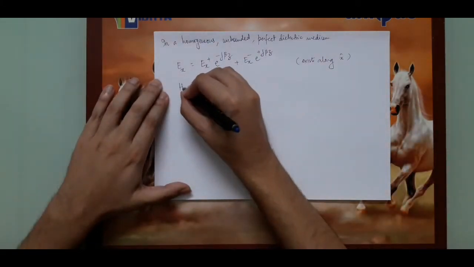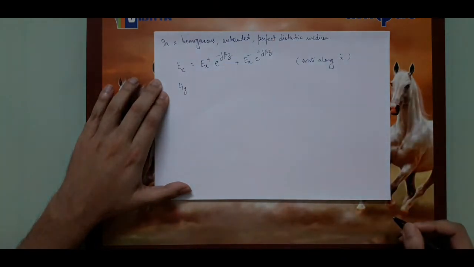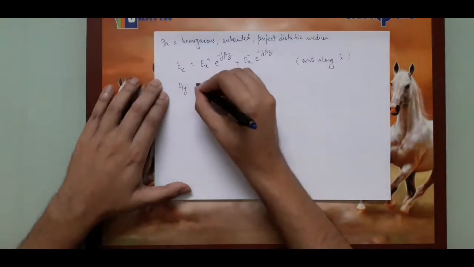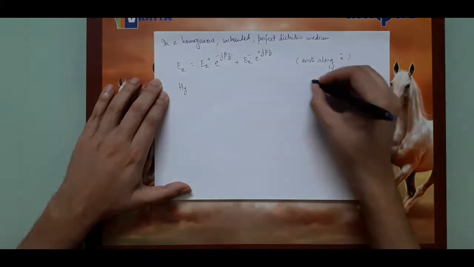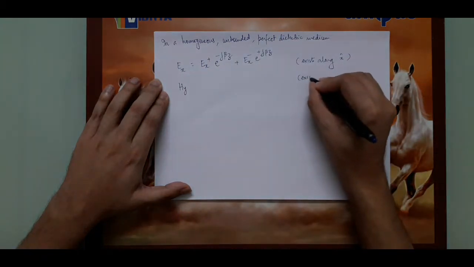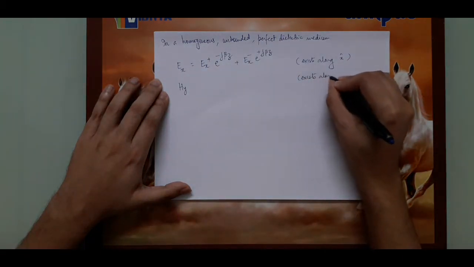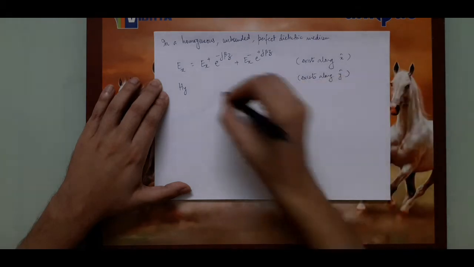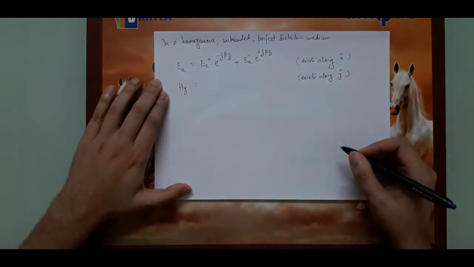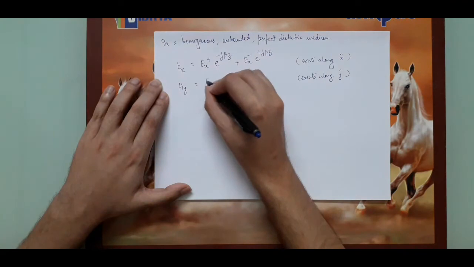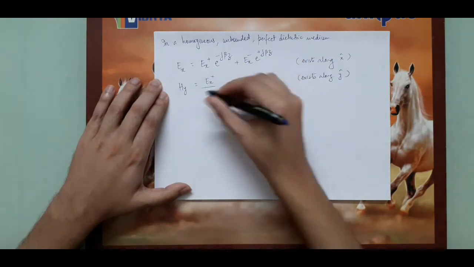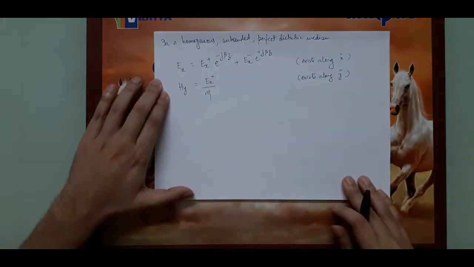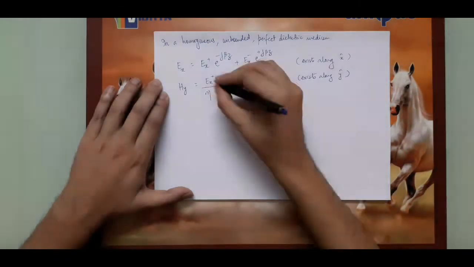Likewise, the magnetic field or the H field, which exists along the y-axis, its nature is something like this, which is very similar to the current along the transmission line.